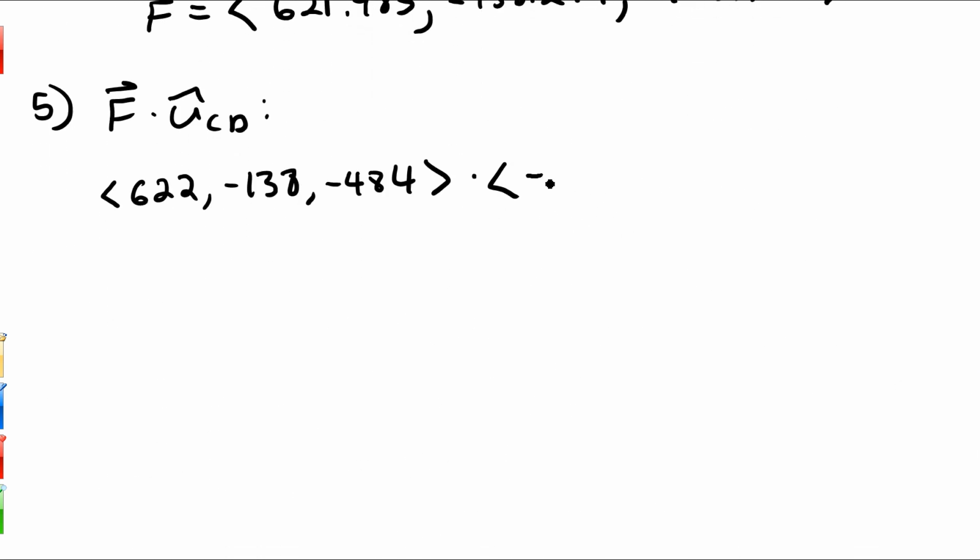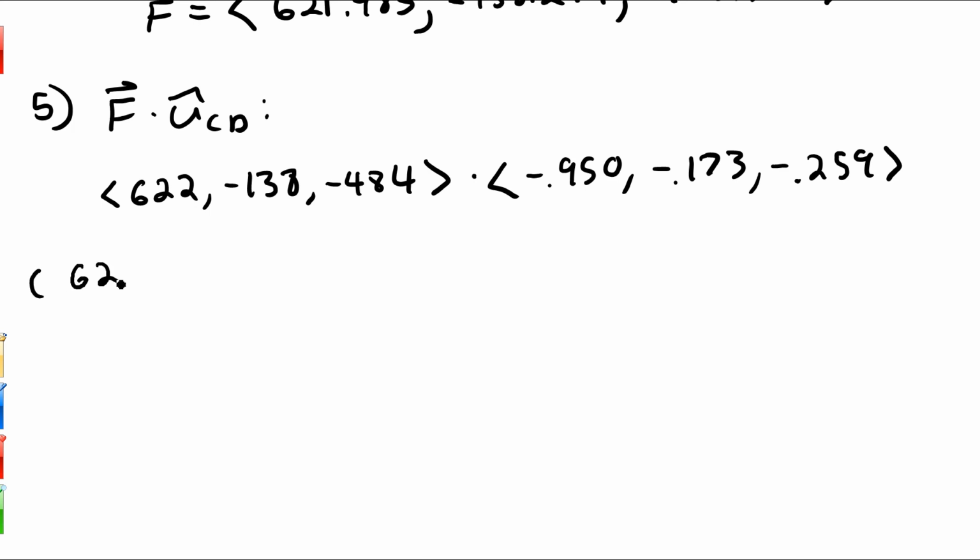So that is a negative 0.950, negative 0.173, and a negative 0.259. And we'll break this out into its longer form. You just take each one of these, multiply them together, and then add it with the other directions.